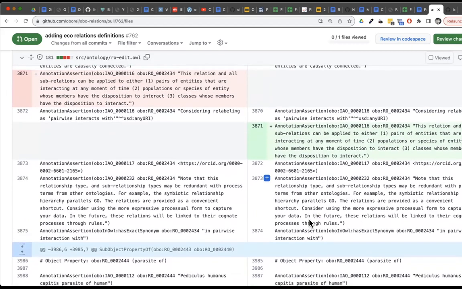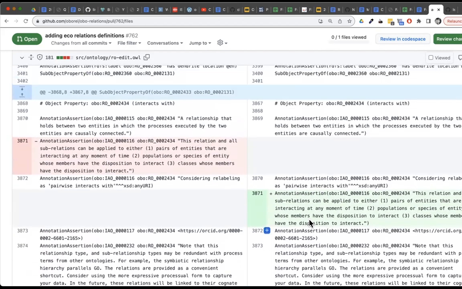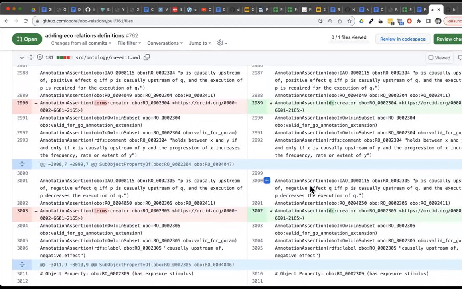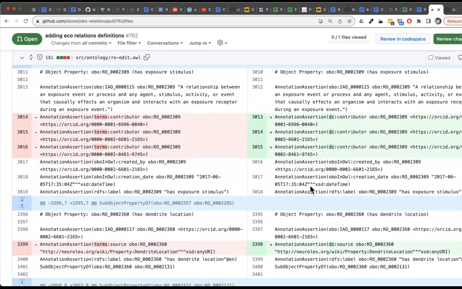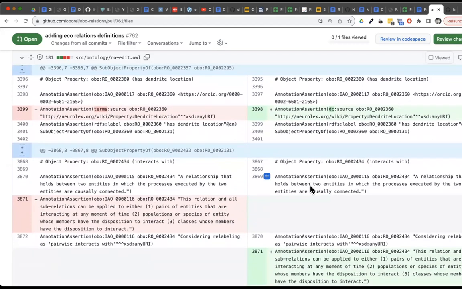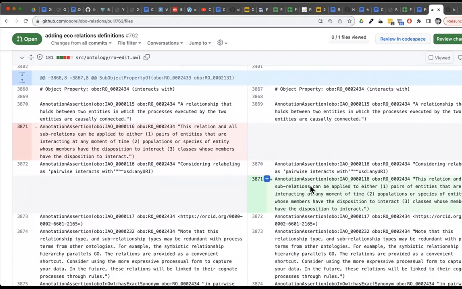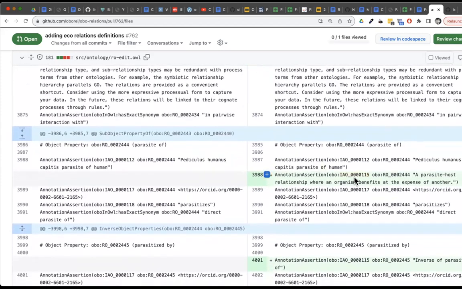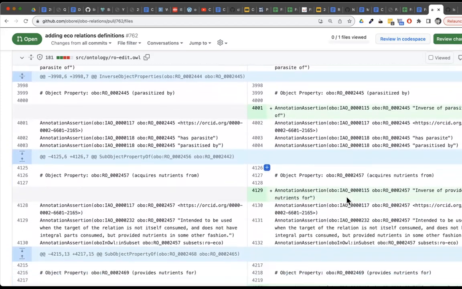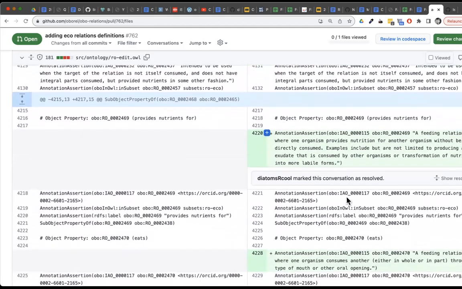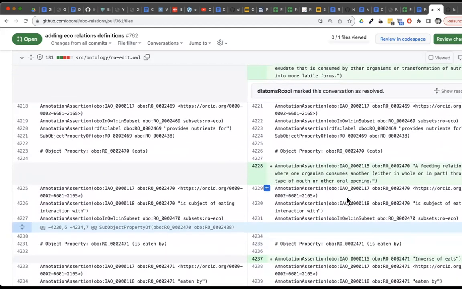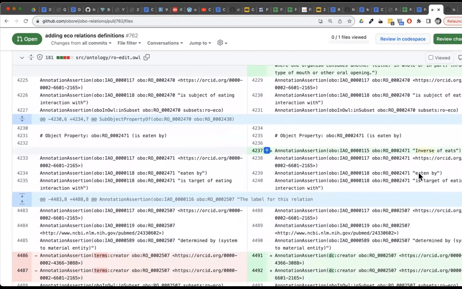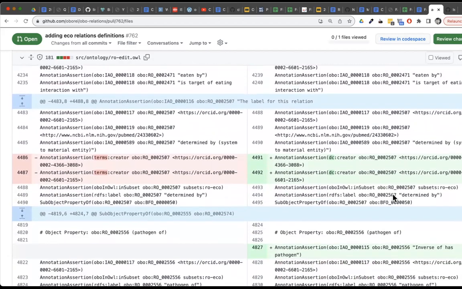Okay, so we hadn't been using any of this in FoodOn, but eats, parasitized by, provides nutrients for, and the inverse of eats, eaten by. And then I'm just looking for the eats definition.